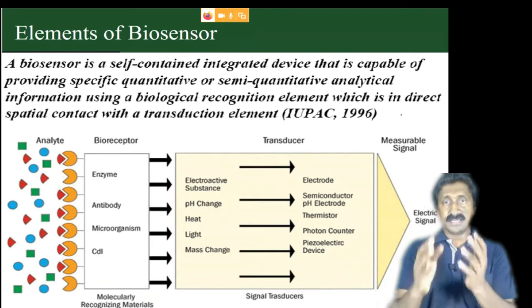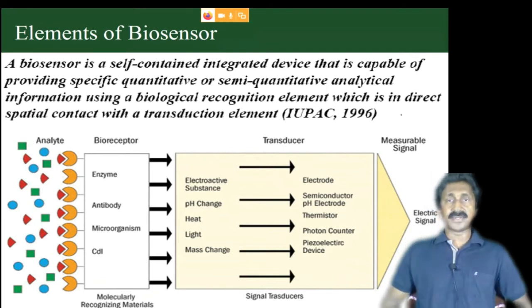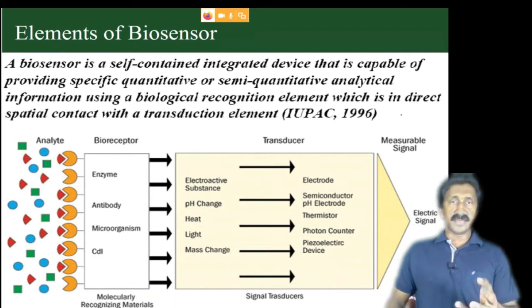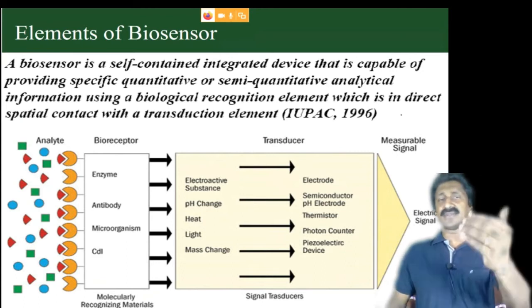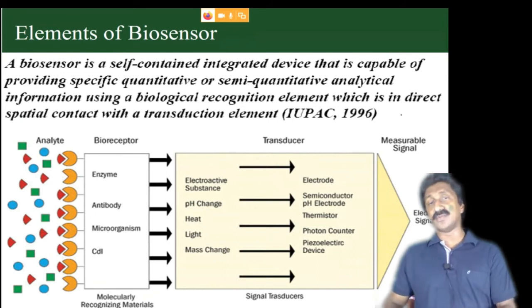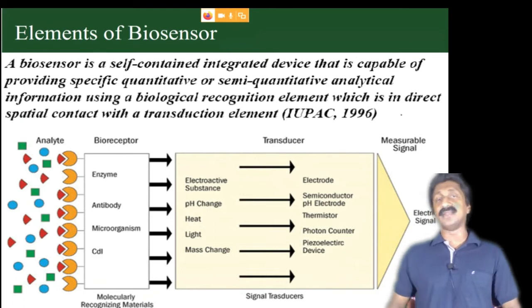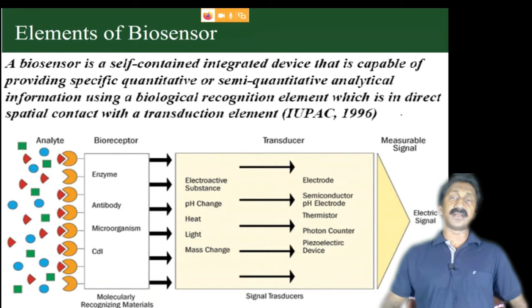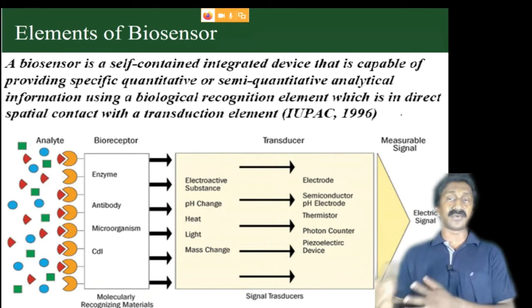Then the transducer component will receive that signal from the biological element, and that may be an electroactive substance or a pH change or a heat or light or mass change. So different types of outputs will come out of that biological element, and that will be detected by the transducer and converted into an electrical signal, like an electrode or a semiconductor or pH electrode or transistor or photon counter.